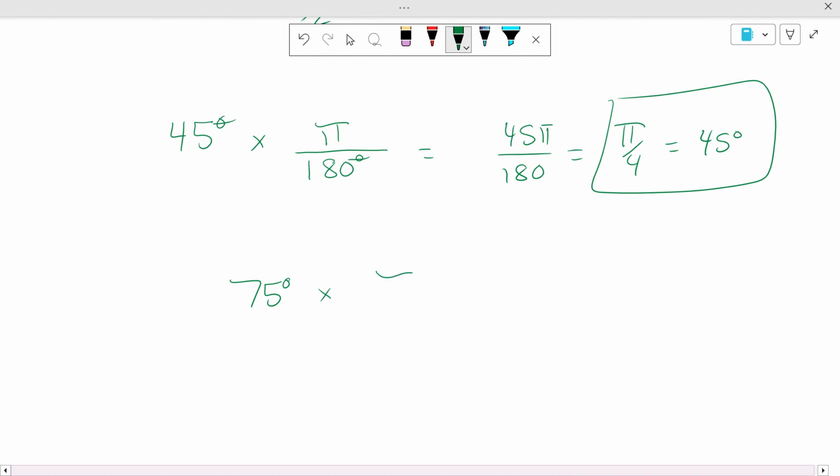What's 75 degrees? What's the trick to do this on your calculator? How can your calculator help you instead of trying to figure out a number that goes into each?